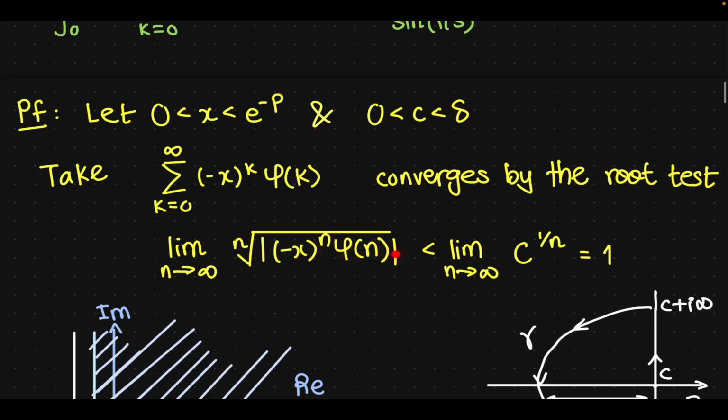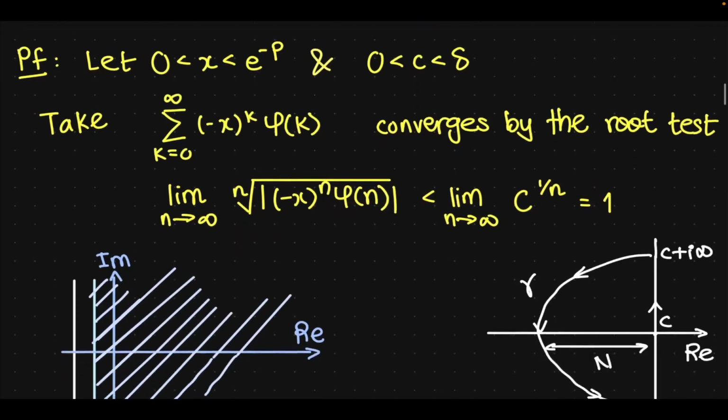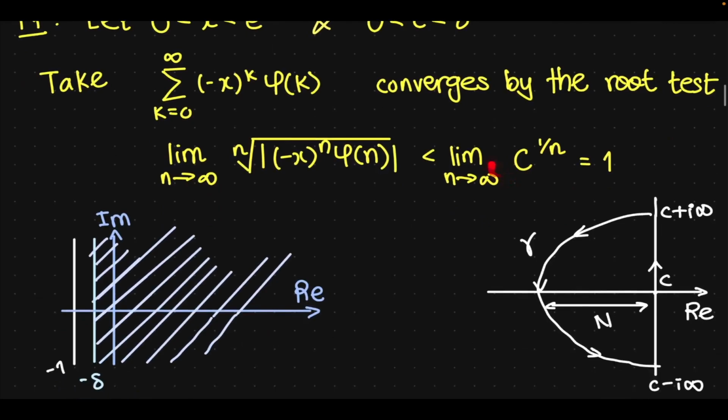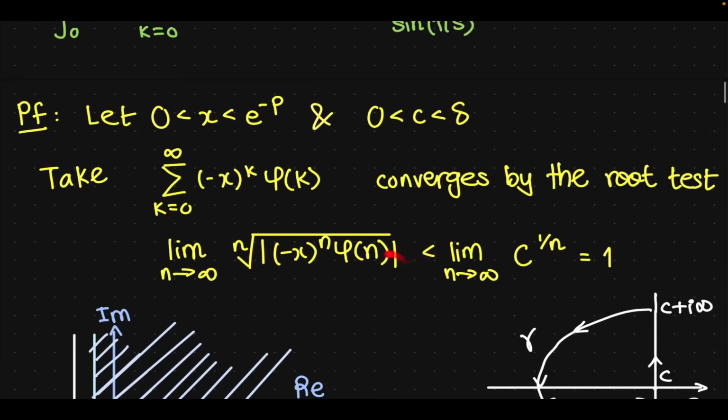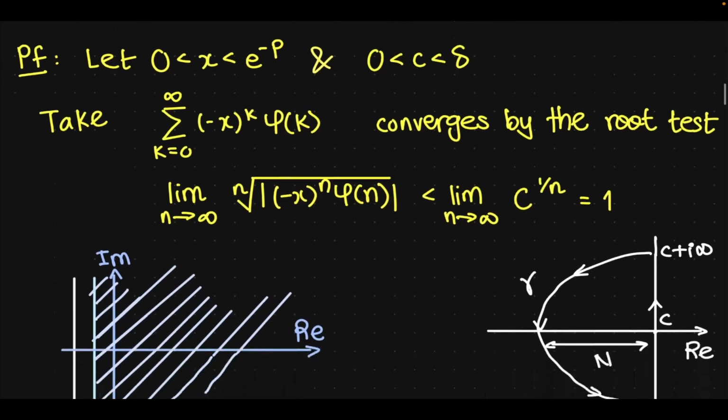All we have is that constant c raised to the power 1 over n in the limit as n goes to infinity, and that is indeed 1. So this entire thing is less than 1, and the infinite sum converges. Fair enough, so the problem is really well defined. The growth condition, we have used it once and we're going to use it later as well.